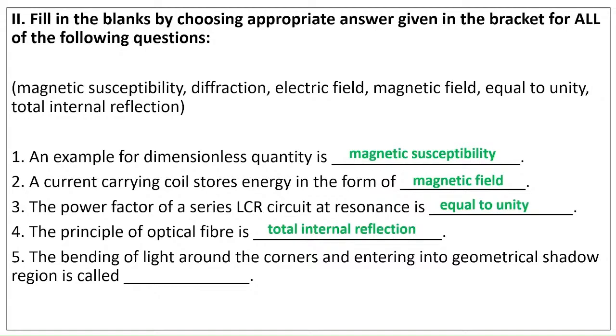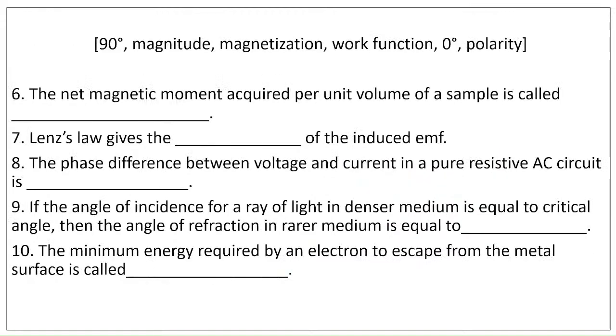Next. 5. The bending of light around the corners and entering into geometrical shadow region is called dash. Answer is diffraction. Next. 6. The net magnetic moment acquired per unit volume of a sample is called dash. Answer is magnetization.